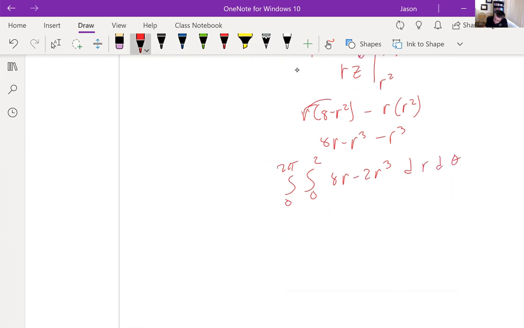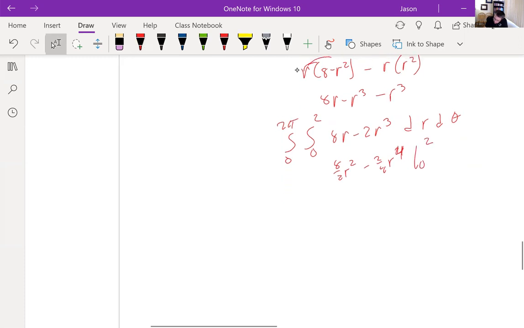So this just becomes 8 over 2 r squared minus 2 over 4 r to the 4th, from 0 to 2. That's nice. This becomes 4 times 2 squared minus 1/2 times 2 to the 4th. So 4 times 4 is 16, minus 16 divided by 2, which is 8.